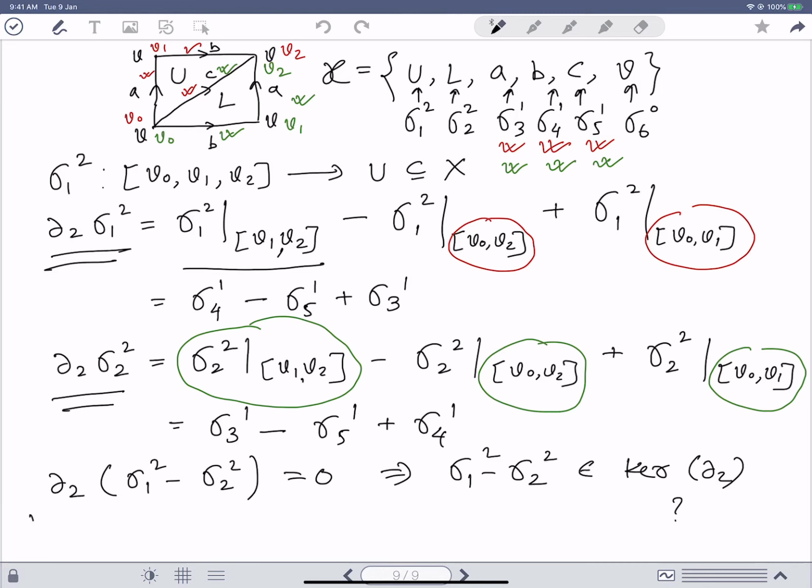Now we know that any element of this kernel will be of the form, say, n1 sigma 1 plus n2 sigma 2, right? Now let this sigma belong to the kernel of delta 2.